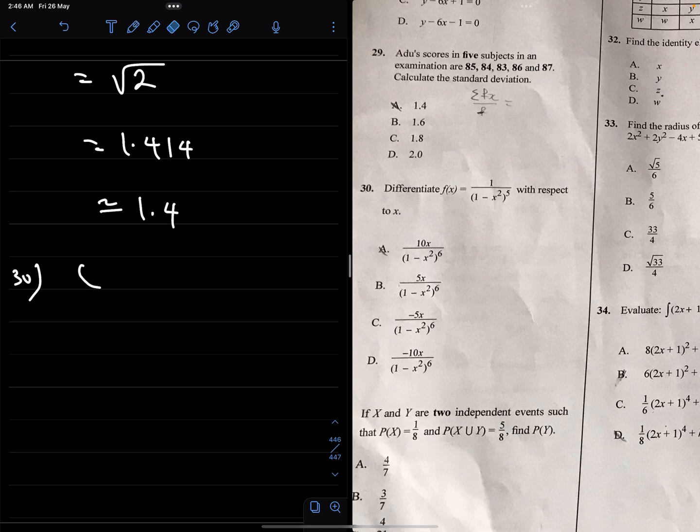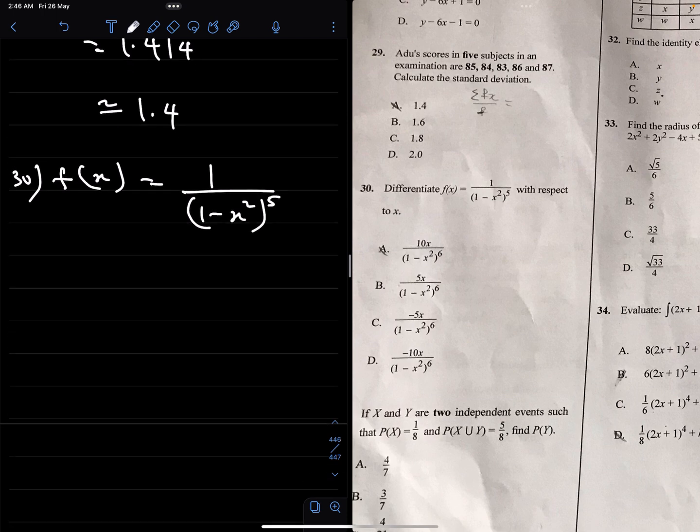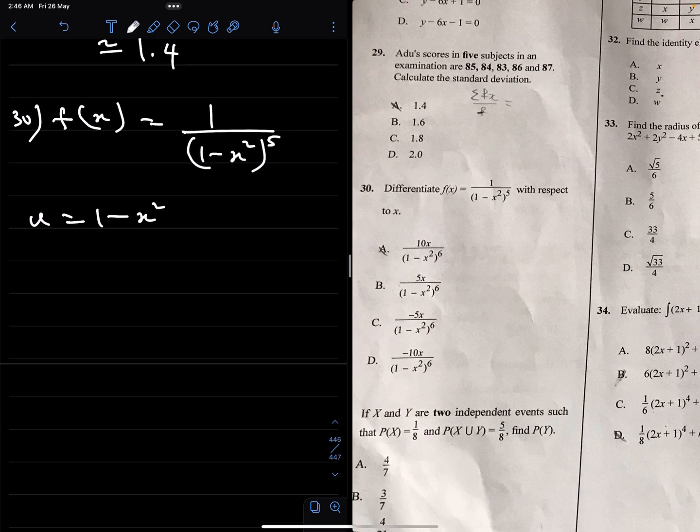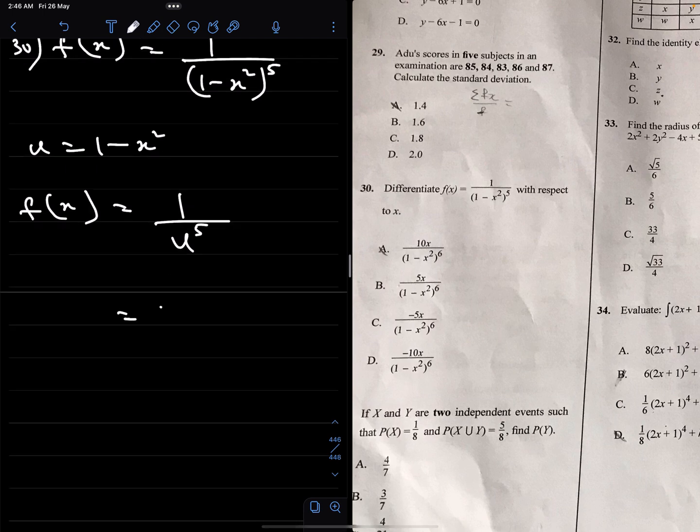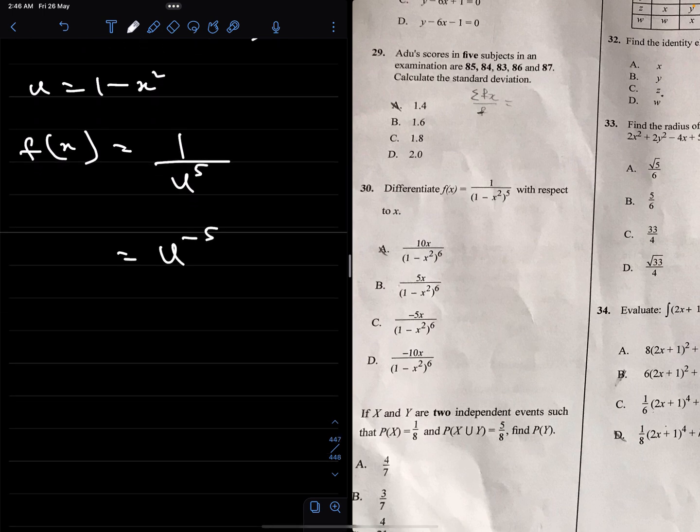Differentiate f of x equals 1 over 1 minus x squared raised to power 5 with respect to x. To do this, I can just say let u be 1 minus x squared. That means f of x is the same as 1 over u raised to power 5, which is the same as u raised to power minus 5.